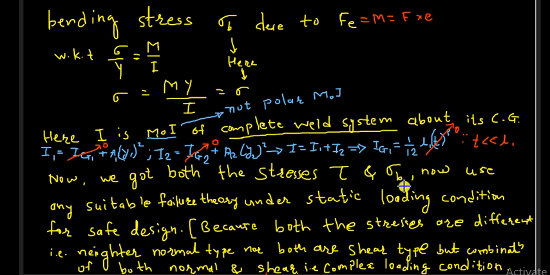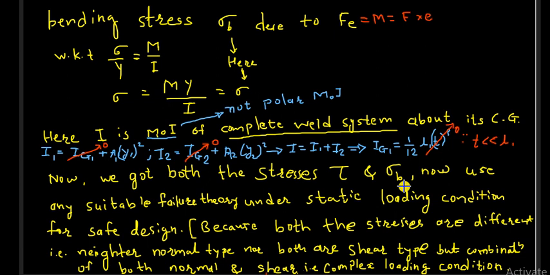Now here the case is different than the previous cases. In one of the previous cases there was direct shear stress and another torsional shear stress. That means both were shear stresses, but here one is shear stress and another is normal stress or bending stress.